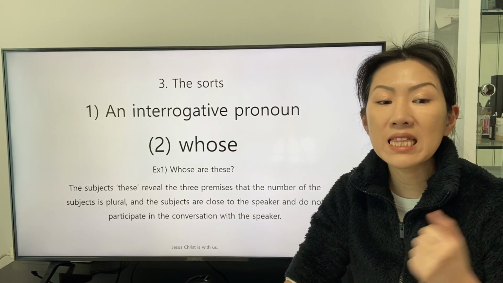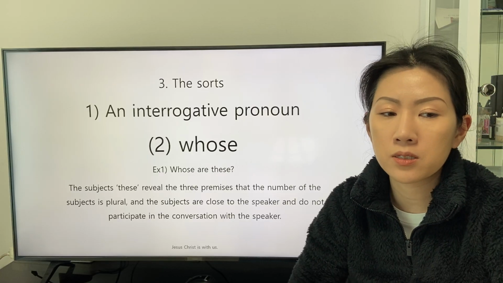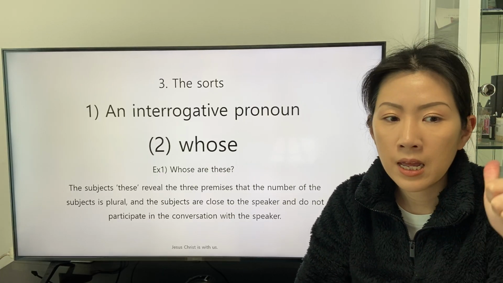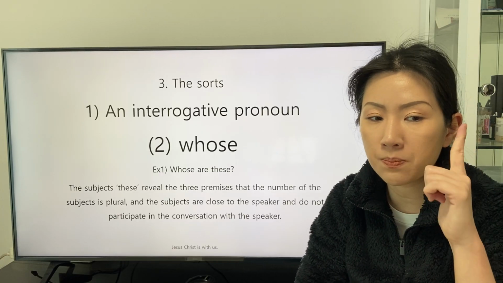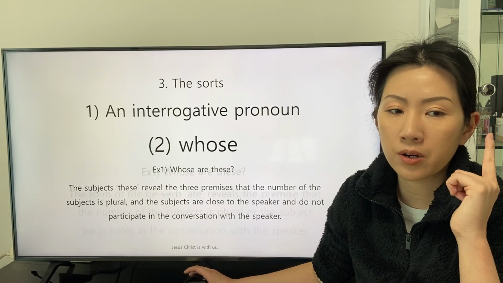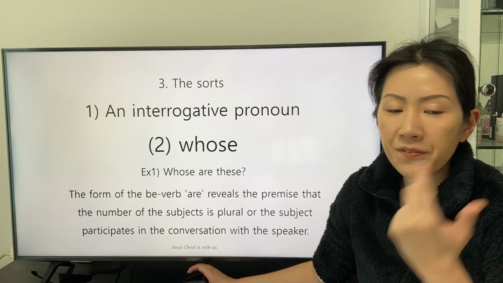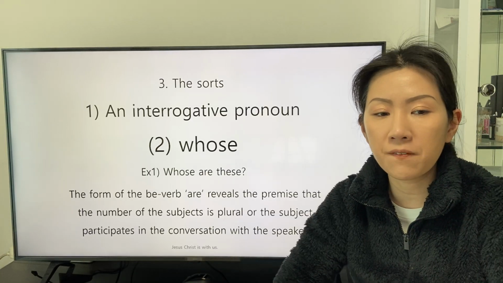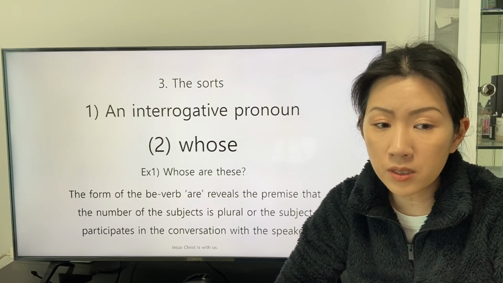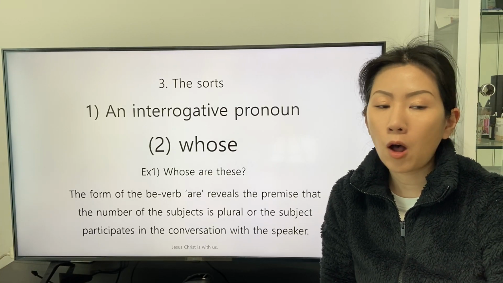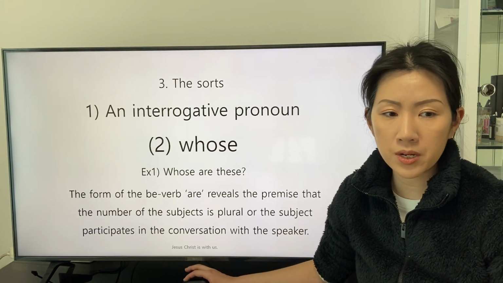The subject these reveals the three premises that the number of the subject is plural, and the subjects are close to the speaker and do not participate in the conversation with the speaker. The form of the be verb are reveals the premise that the number of the subject is plural, or the subject participates in the conversation with the speaker.